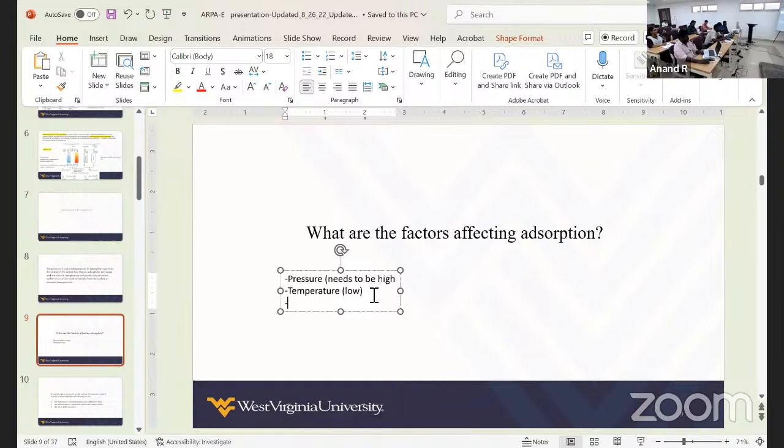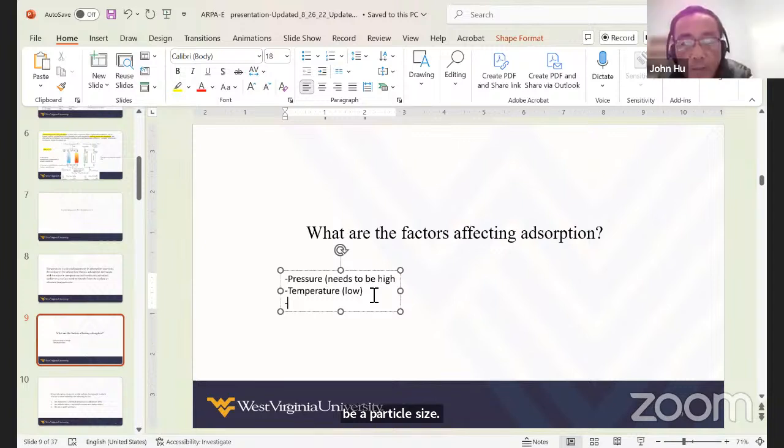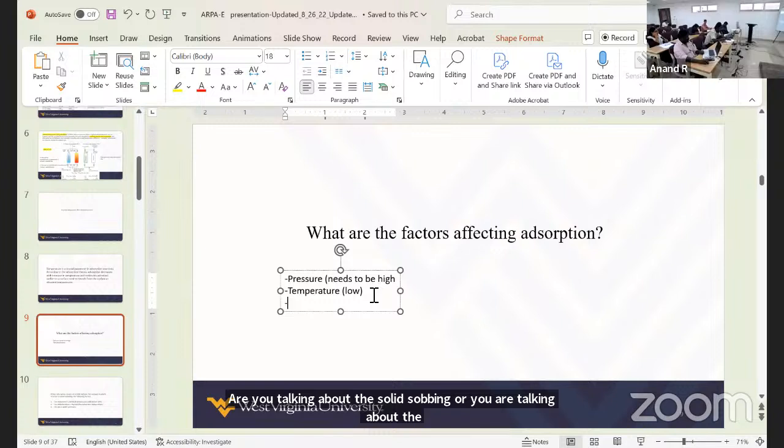The particle size of the molecule. You say the particle or what? Are you talking about the solid sorbent, or the molecule to be adsorbed? Can you repeat your question?